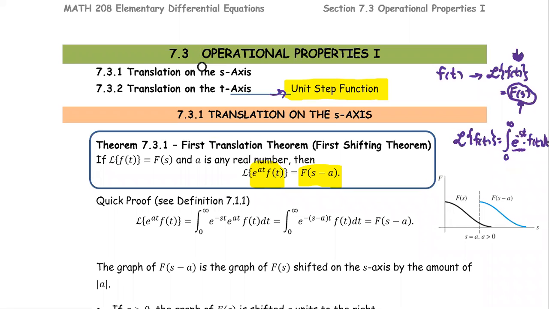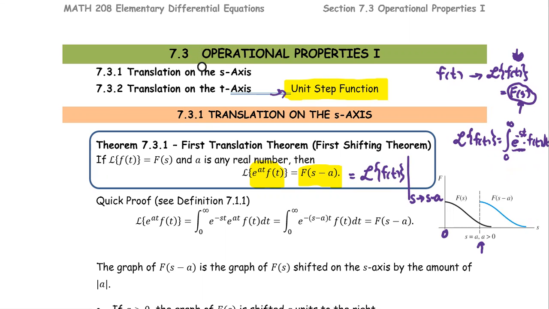The variable is supposed to be s, but now we use s minus a, like translating from the origin to the point s equals a.